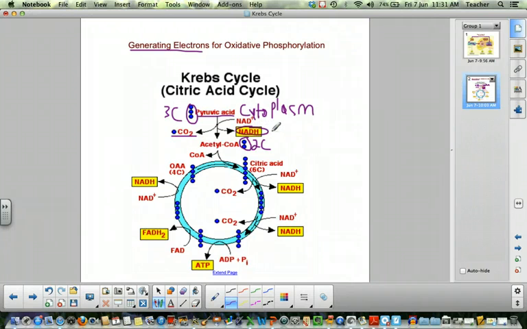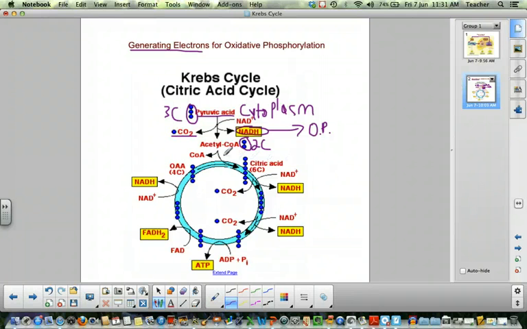Okay, and recall, NADHs are going to go off and be involved with oxidative phosphorylation. Okay, so before we even really get into the Krebs cycle, the pyruvic acid is converted into acetyl-CoA. In the process of doing that, we lose CO2, and we create a NADH, which is going to go to oxidative phosphorylation to help make ATP.